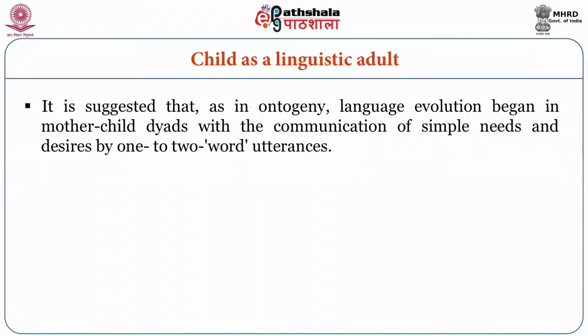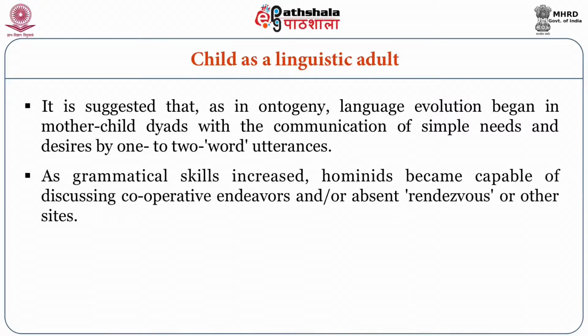It is suggested that, as in ontogeny, language evolution began in mother-child dyads with the communication of simple needs and desires by 1 to 2 word utterances. As grammatical skills increased, hominids became capable of discussing cooperative endeavors and absent rendezvous or other sites.